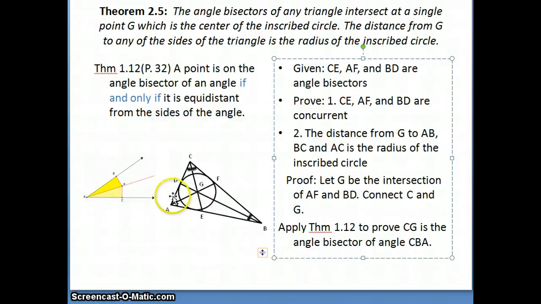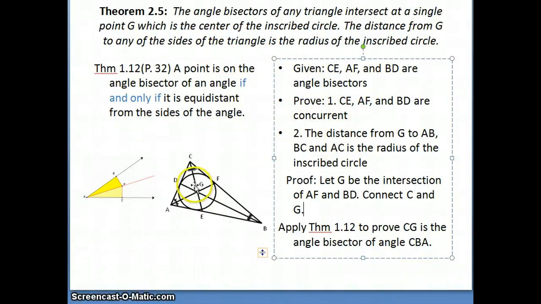So use the fact that AG and BG are angle bisectors to prove G is equidistant from AC and BC. And then apply theorem 1.12 again: if it's equidistant from two sides, then it's on the angle bisector. Okay, so this is how to prove theorem 2.5, part 1.